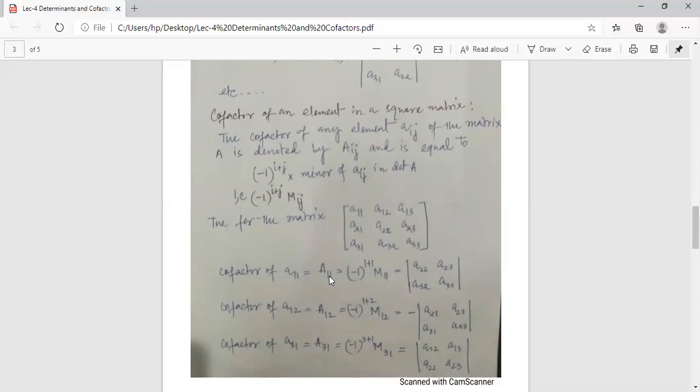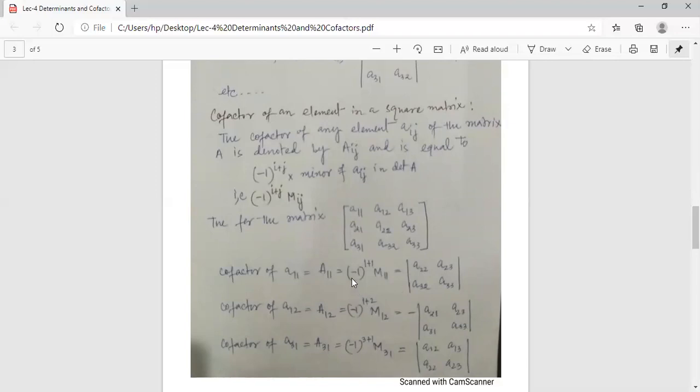Here i is 1, j is 1, so minus 1 to the power 1 plus 1 times Mij, the minor of the element A11, that is M11. Since the exponent is even, it will be positive, and M11 is the determinant of the matrix after excluding the corresponding row and column of A11. So its value is the determinant of A22, A23, A32, A33.